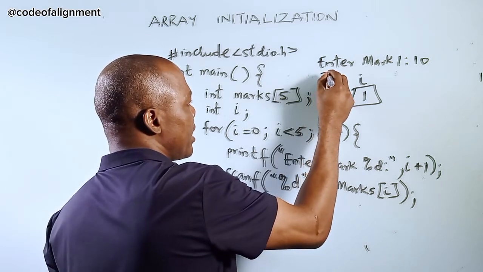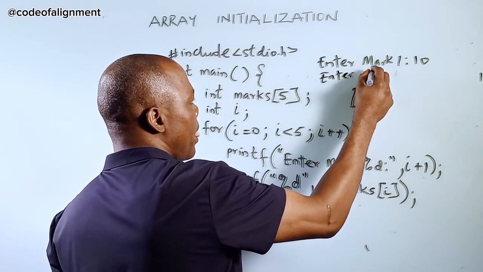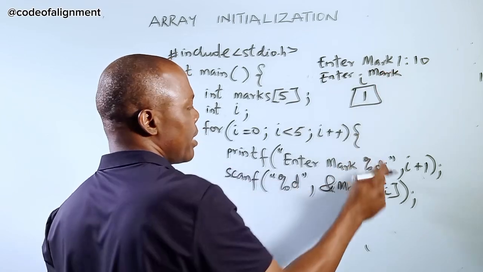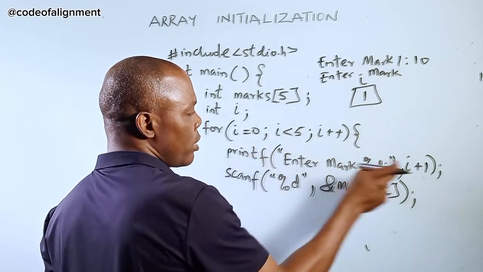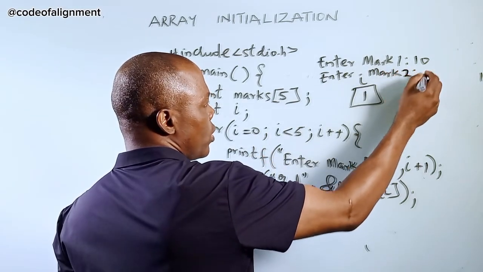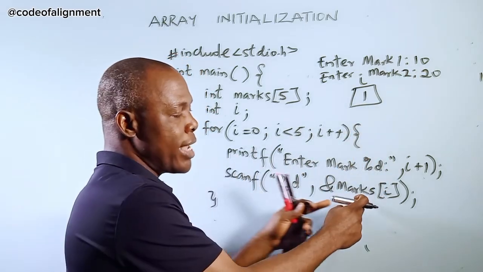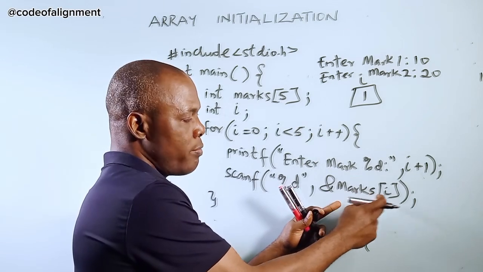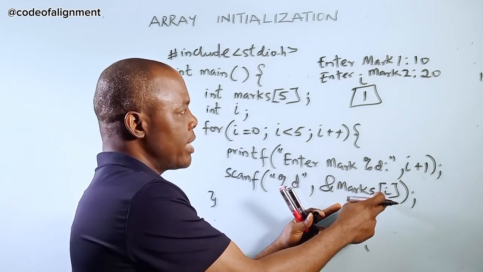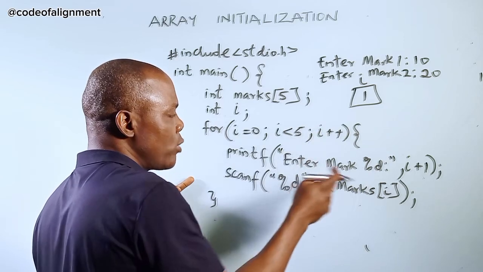And it will print "Enter mark". i is now 1. 1 plus 1, 2. So I will enter 20. Scanf will take that 20 to the address of what? Of max 1. So the address of max 1, it will store that 20 there.